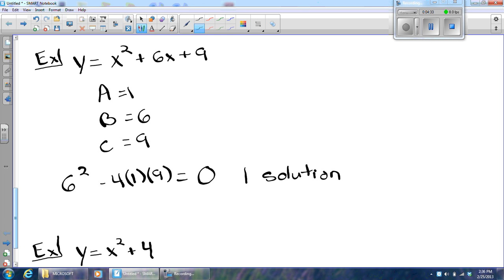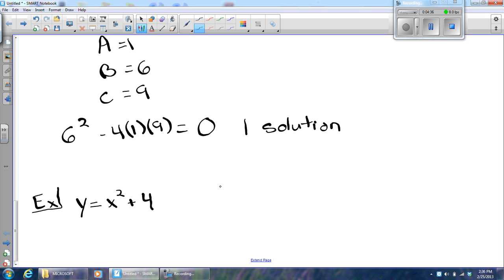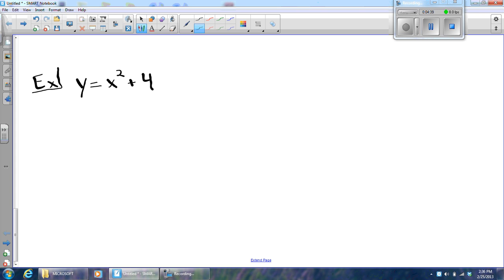Okay, and our last example, our A is going to be 1. Our B is 0. And our C is 4. So we're going to plug this in, and we have B squared, so we have 0 squared minus 4AC. 4 times 1 times 4.